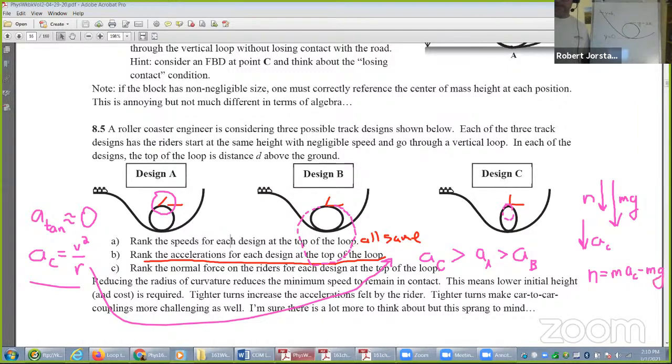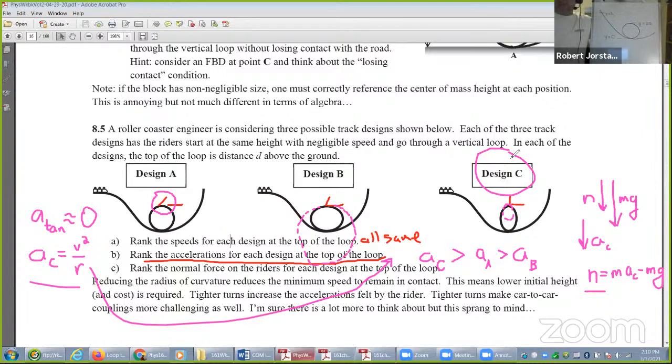Do a little math. Notice the normal force is likely to be non-zero for design C, which means you're less likely to kill people. That's a good design, right? What do you think? It'll also make people more likely to puke. Also a design feature for a roller coaster.